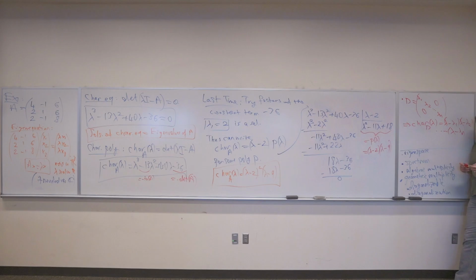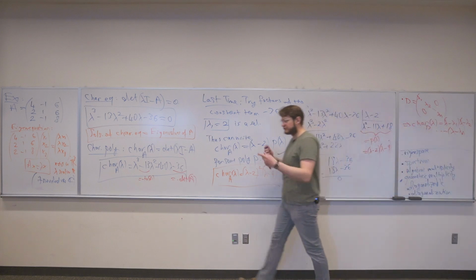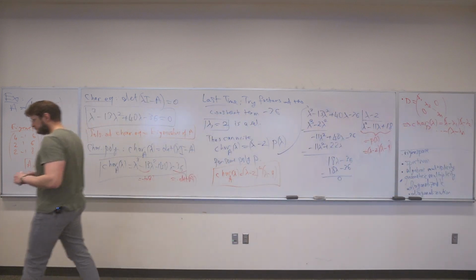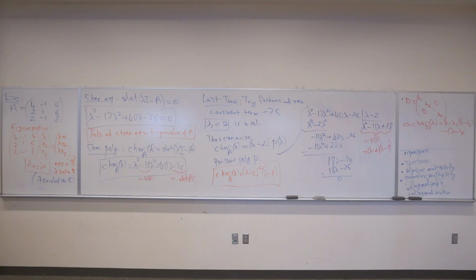That's what I said. To answer your question, if I were to choose some of these numbers to be the same, I would have exponents like this. But in principle, they could be all distinct. Same thing with upper triangular or lower triangular.